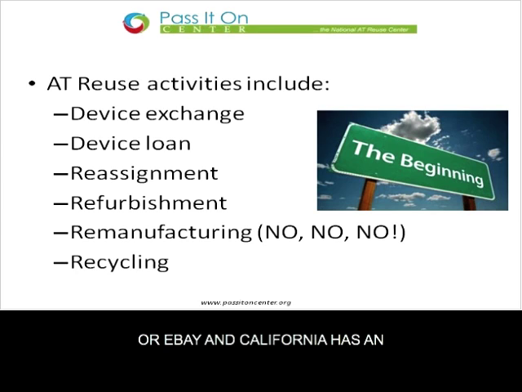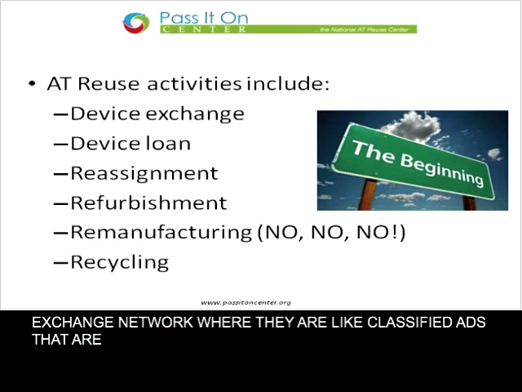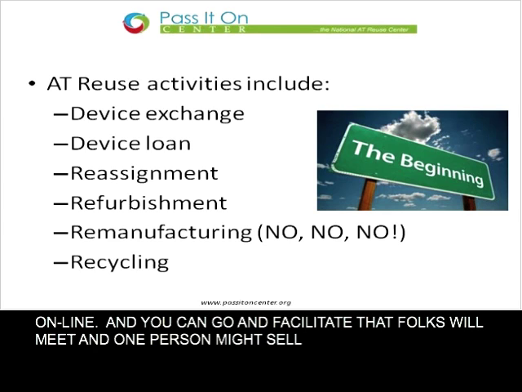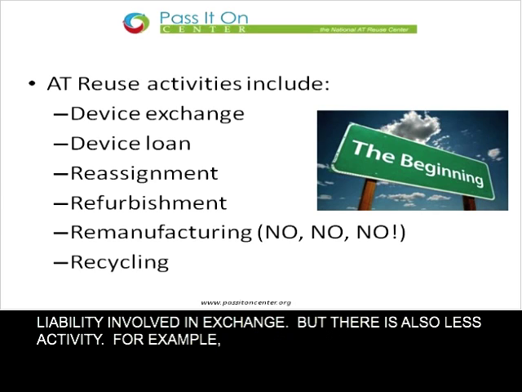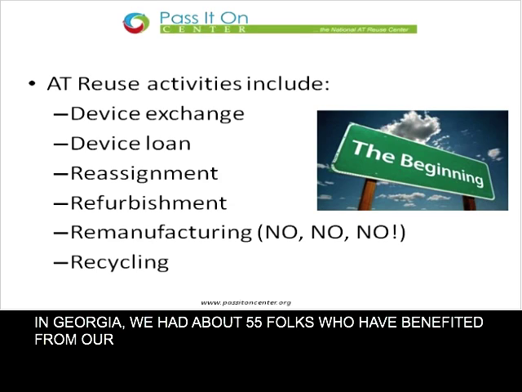California has, just like a lot of other states, an exchange network where they're basically like classified ads, perhaps online, a website where you can go and you can facilitate that folks will meet, and one person might sell or donate a piece of equipment to another person. So that's the exchange. There's less liability involved in exchange, but there's also less activity.